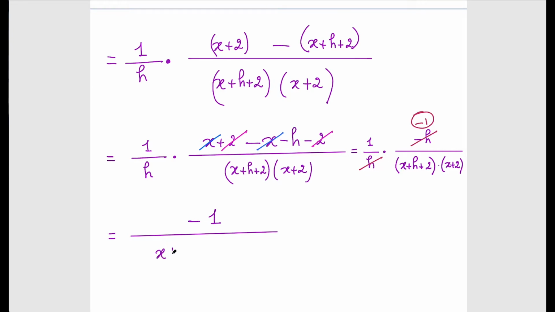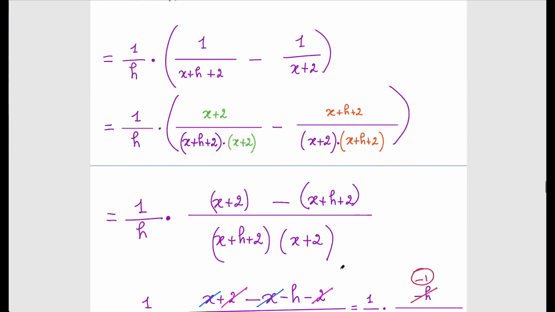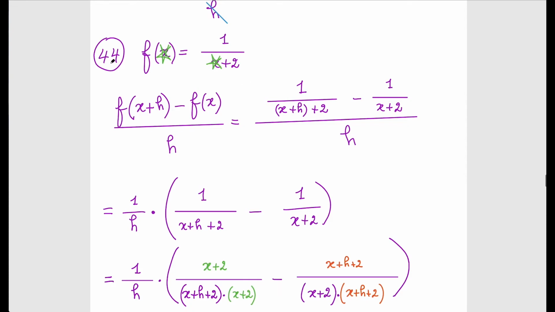So x plus h plus 2 times x plus 2. This is a multiplication here. And this is the difference quotient pertaining to this function in 44. f of x is 1 over x plus 2, right?